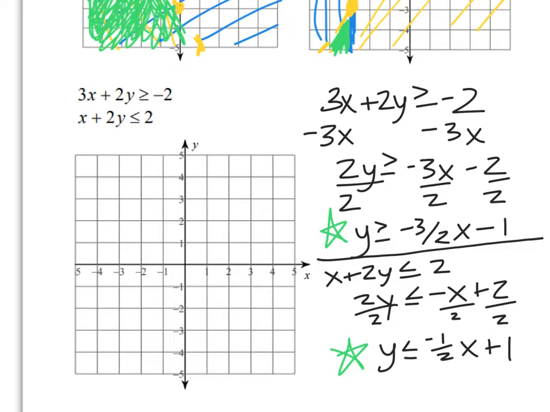I'm going to start with the top one. Begin with b, which is -1. Move with m, which is down 3, right 2, or up 3, left 2, and I'm going to connect that with a solid line, since it has the equal to, and I'm going to shade above.